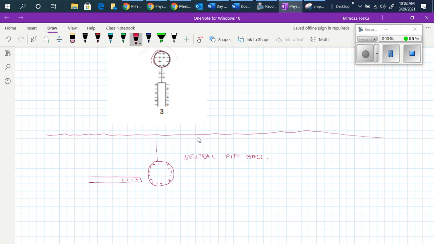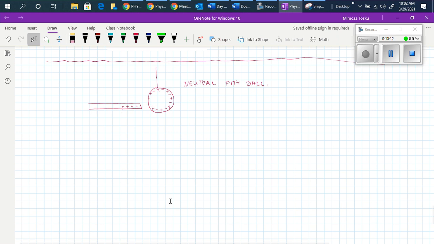So now what is happening here, based on the general law of charges, this positive one will attract negative and will push away positives. So now the pith ball is becoming more negative on this side, in this area here.